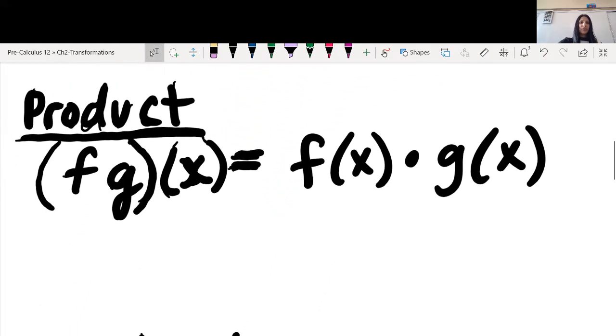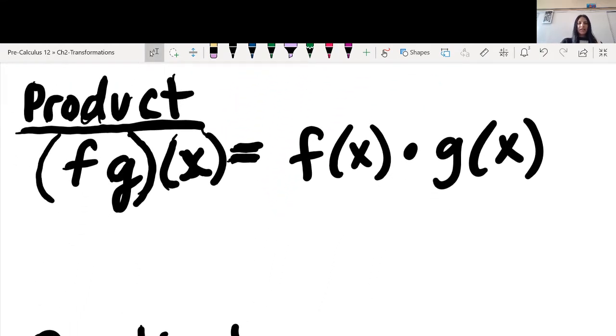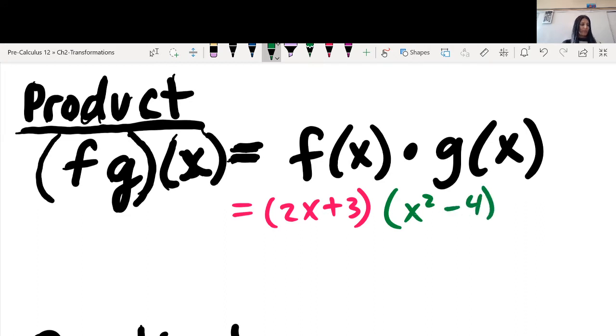And then moving on to product, we can see that if you have f and g of x, it's going to be f of x times g of x, but we're still using the same function. So we have 2x plus 3, and our g of x, so we're going to multiply by x squared minus 4. So we are foiling this puppy out.